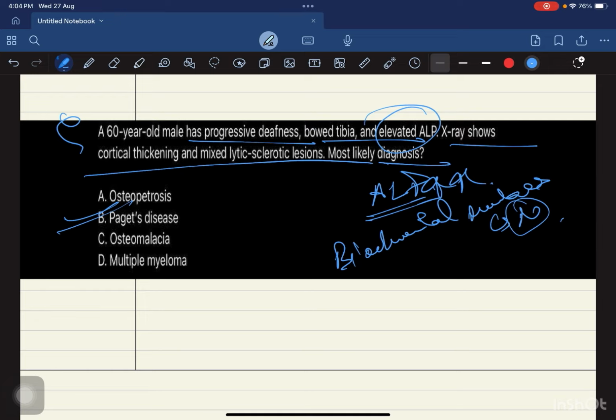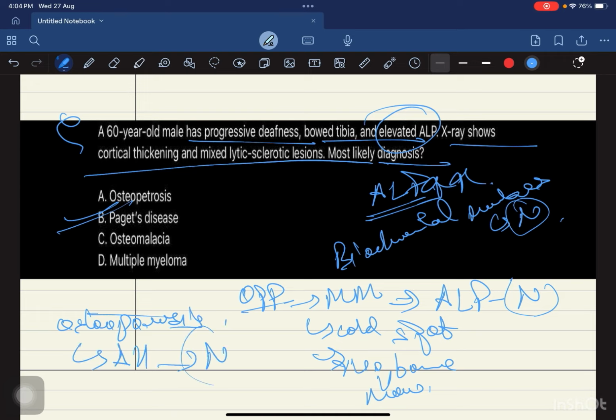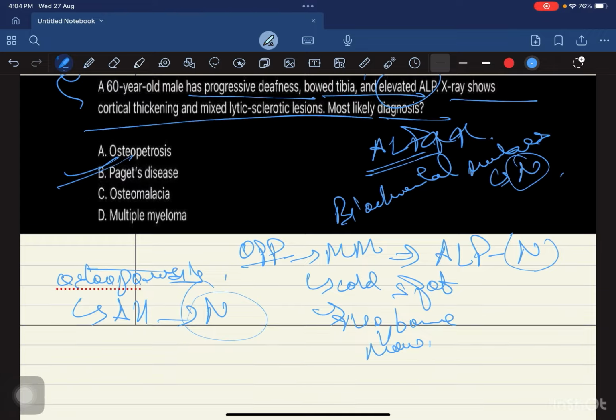In contrast, completely opposite to that is multiple myeloma, where ALP is normal and all other biochemical markers are deranged. Cold spot on bone scan says no new bone formation. And for osteoporosis, all the biochemical markers are normal.